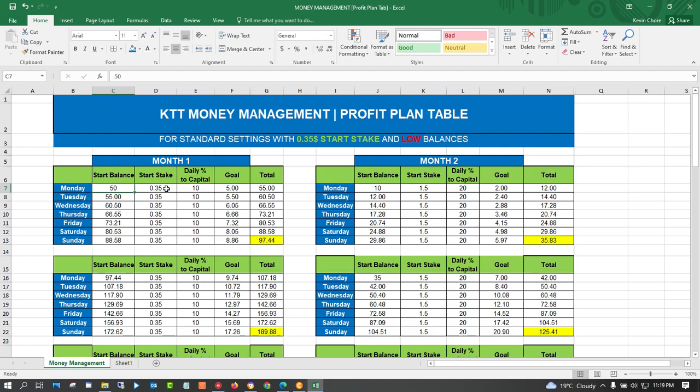If you lose even 3 times, 4 times, then the martingale can cover everything if you have $50 in your account while trading with the RF money haste, guys.